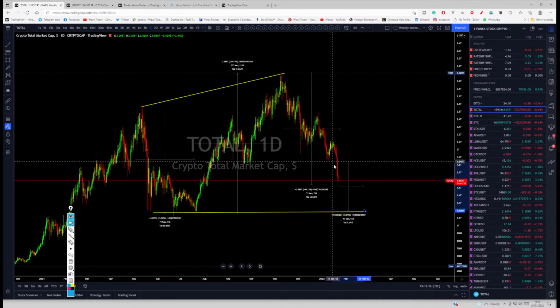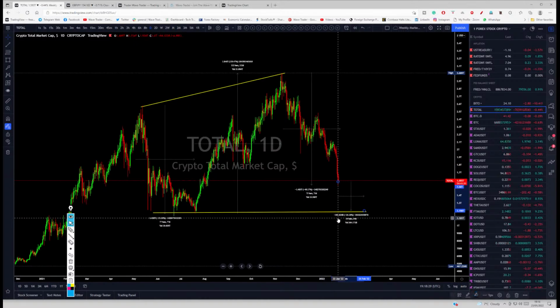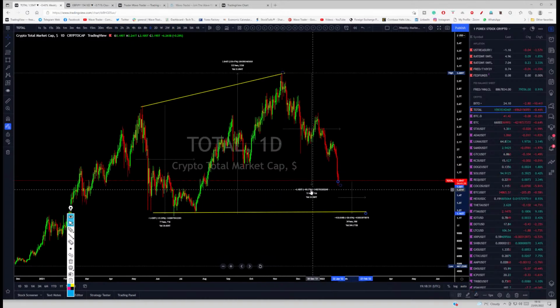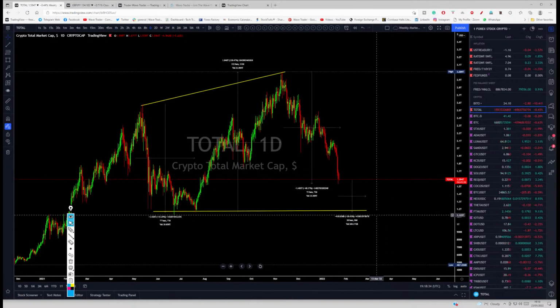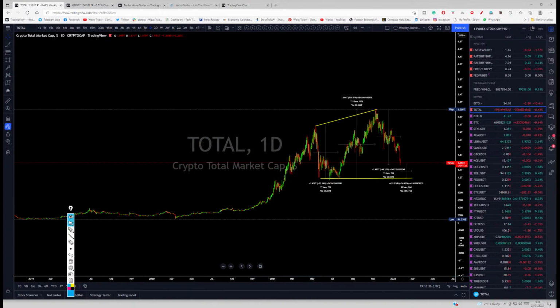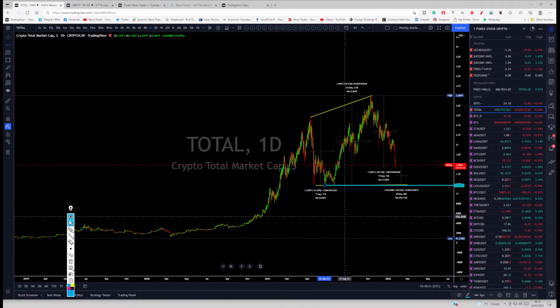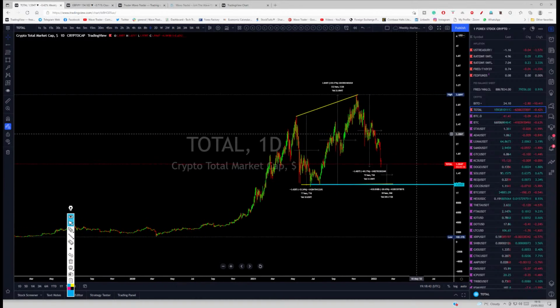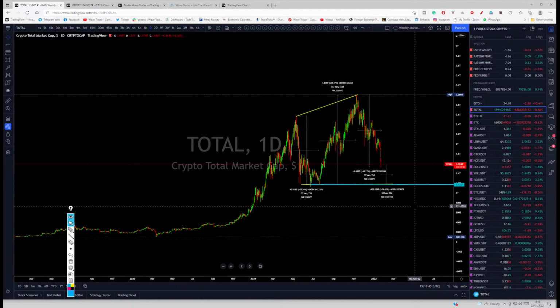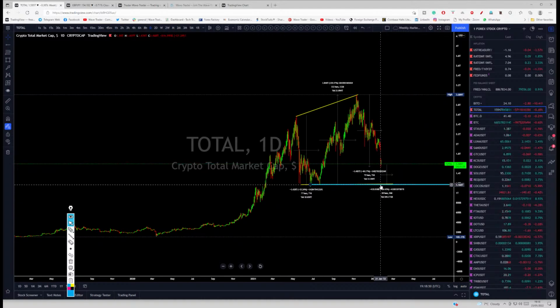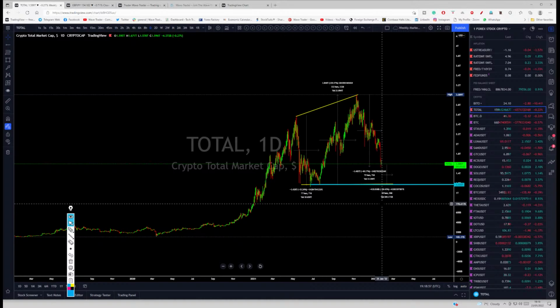So it's dropping and still can drag, so it still can wipe out another 380 billion from the crypto market. Once you see it test that, the total market cap of crypto is going to be around 1.17. So a drop from 3 to 1.17 is going to be a huge drop, more than 50%, even a 60-70% drop in the crypto market.